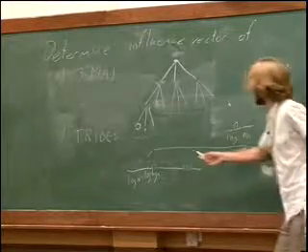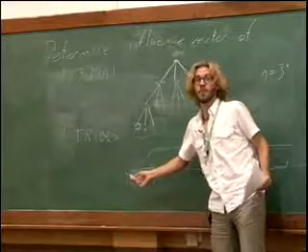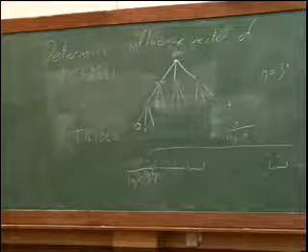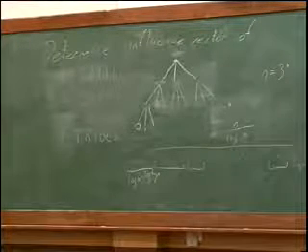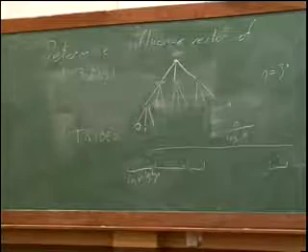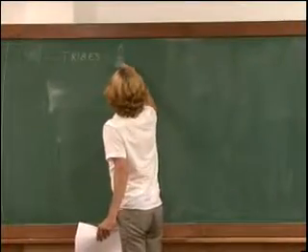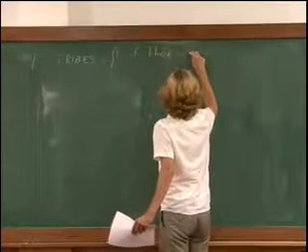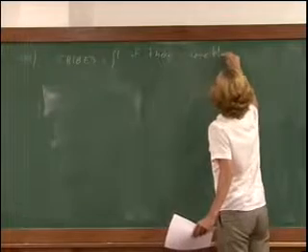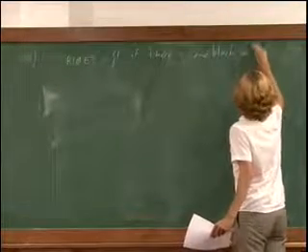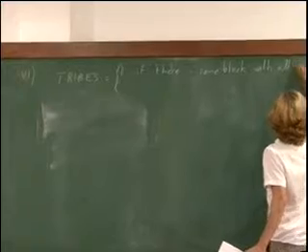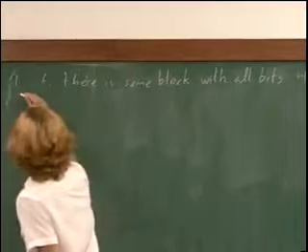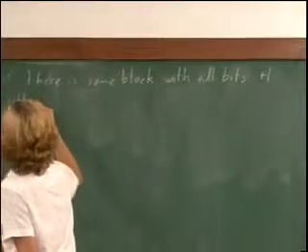Okay, so if there is some block in which all the bits are 1, then the function is 1. So tribes equals 1 if there is some block where all bits have plus spin, and it's 0 otherwise.